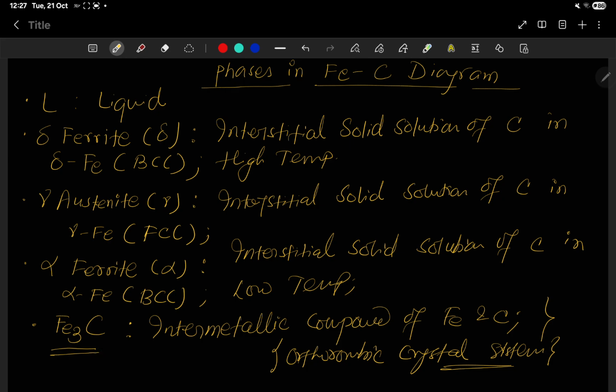So these are the different phases present in the iron carbon diagram.